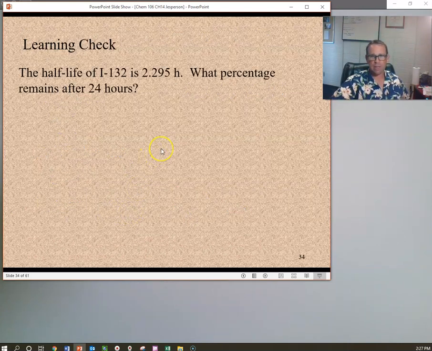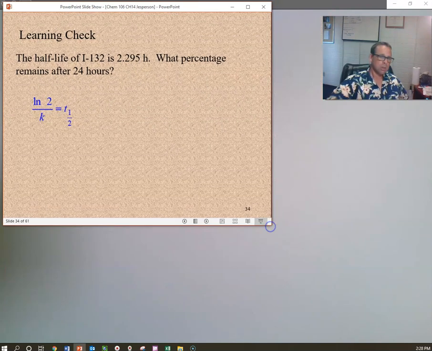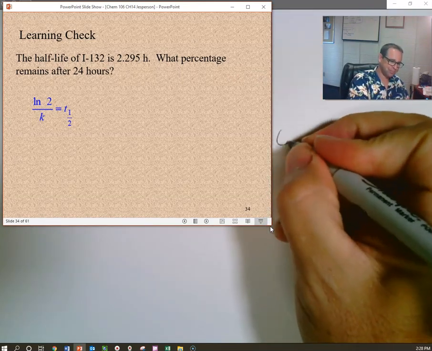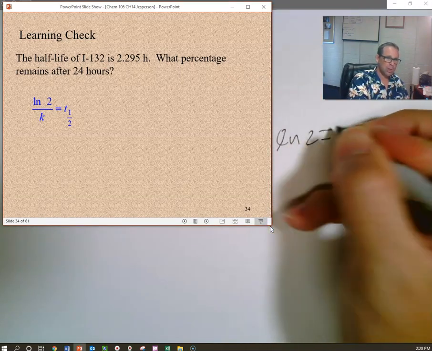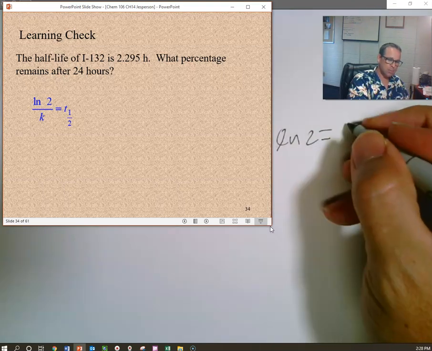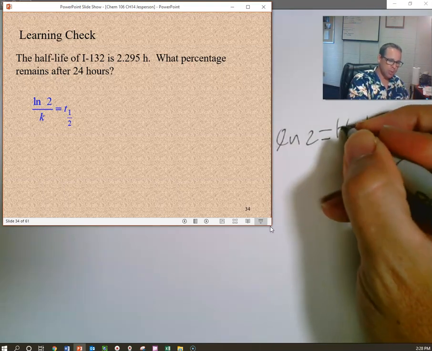so last class we answered this question where we were told the half-life for this material, and we wanted to know what percentage remained after 24 hours. With this initial information, we took this equation here, which was the natural log of 2 equaling k times the half-life.